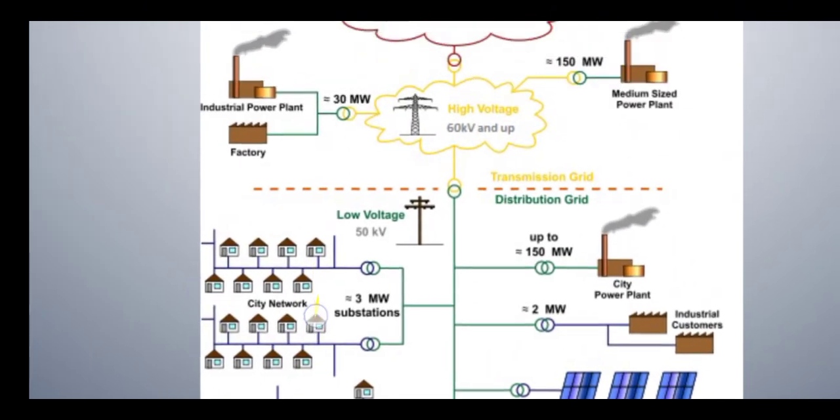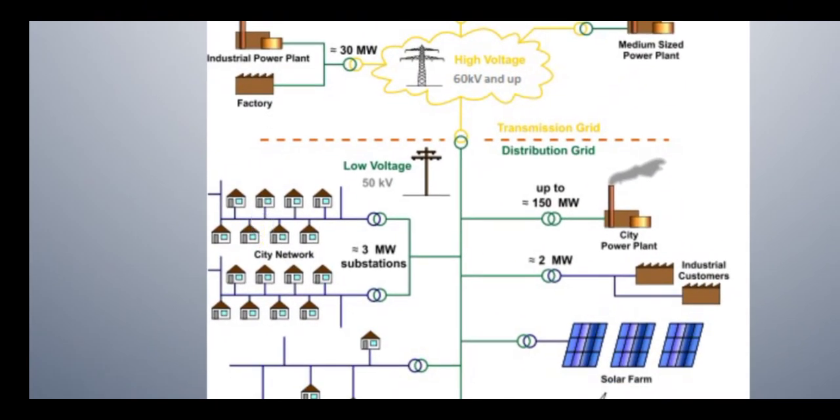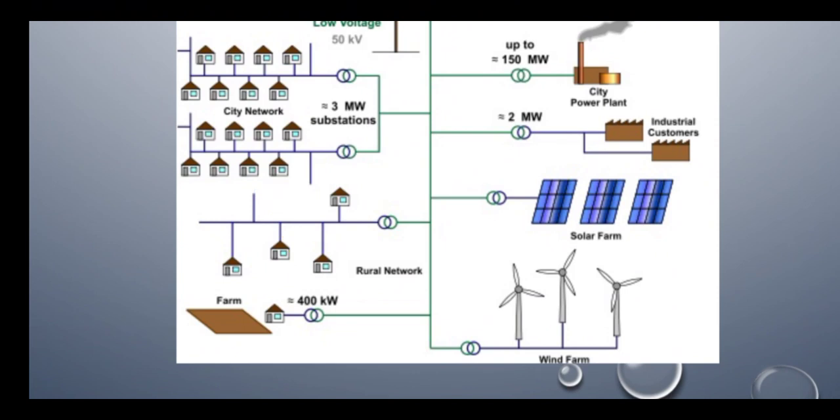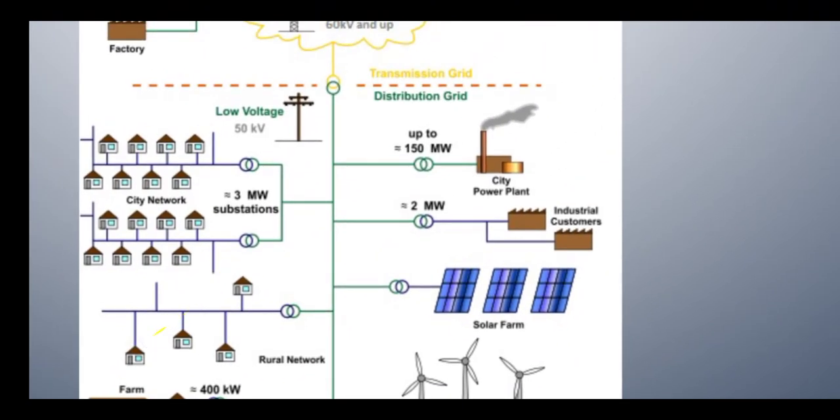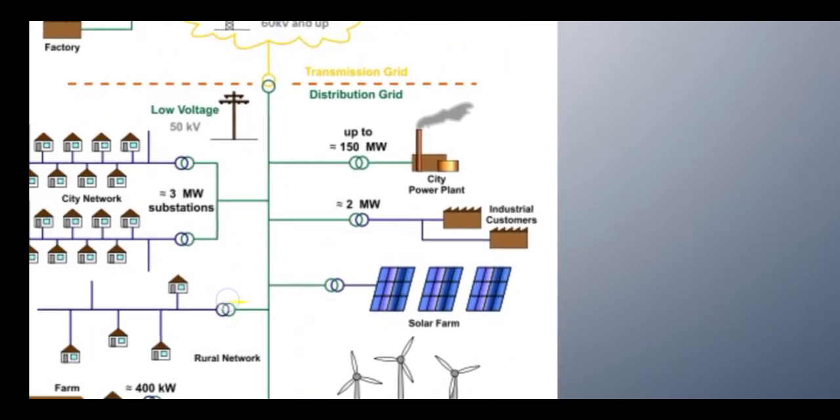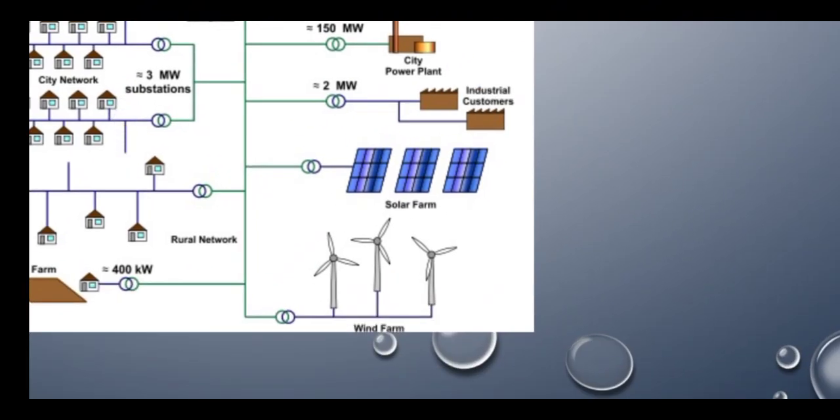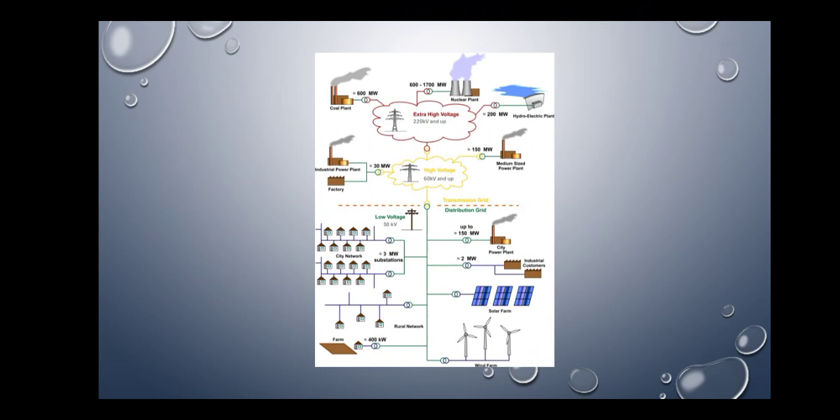Now the low voltage line is the city network or rural network, and the distributed grid can be city power plants, industrial customers, solar farms and wind farms. So here are examples of these three different kinds of power distribution sectors.